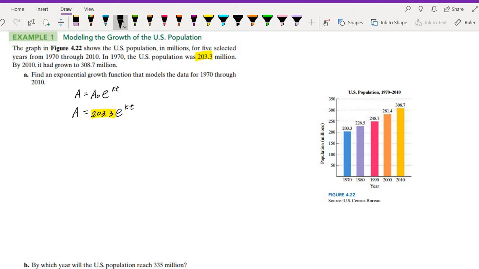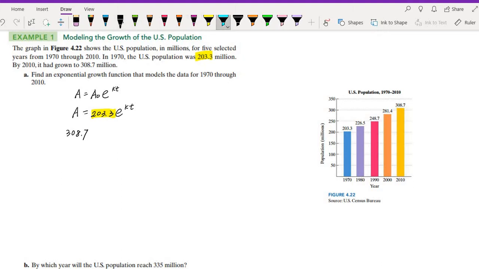Okay, so once we have this, we also have to look at other pieces of information given to us. It says by 2010, it had grown to 308.7 million. That means by 2010, you have an end amount, which you're going to replace with your a, 308.7.